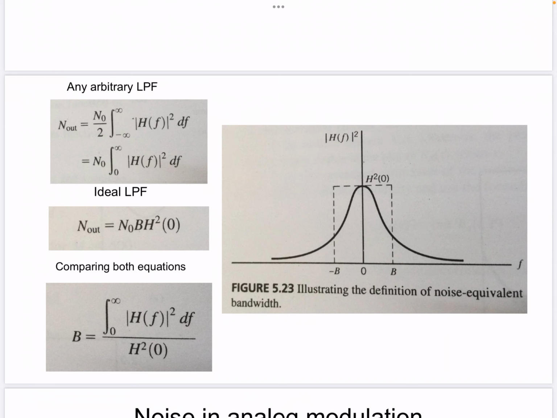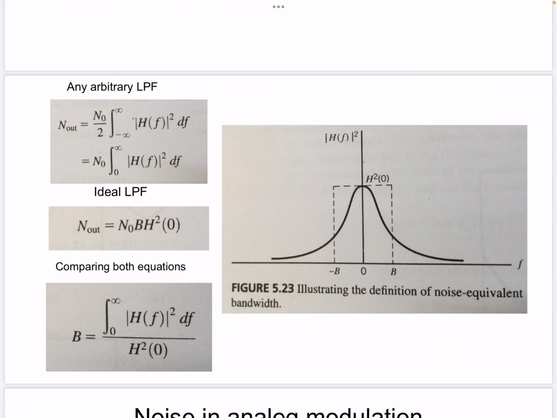Next, consider the same source of white noise connected to the input of an ideal low pass filter of zero frequency response H of 0 with the bandwidth B. In that case, N out for the ideal low pass filter is equal to N0 times B times H squared of 0. So comparing these two equations, the noise equivalent bandwidth is B equal to the integral from 0 to infinity of H of f squared df divided by H squared of 0.